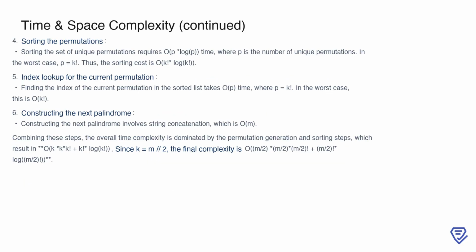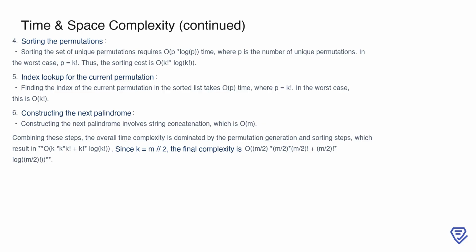Sorting the generated permutations is the next major step. Sorting a set of unique permutations takes p*log p time, where p is the number of unique permutations. In the worst case, p equals k!, so sorting costs k! log k!. After sorting, we need to find the index of the current permutation in the sorted list, which takes p time, or k! in the worst case. Finally, constructing the next palindrome by concatenating strings involves m time.